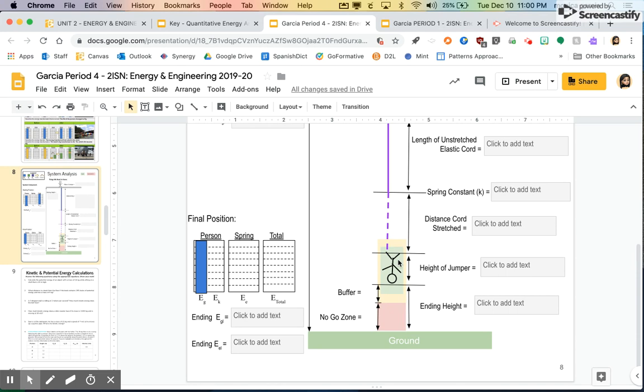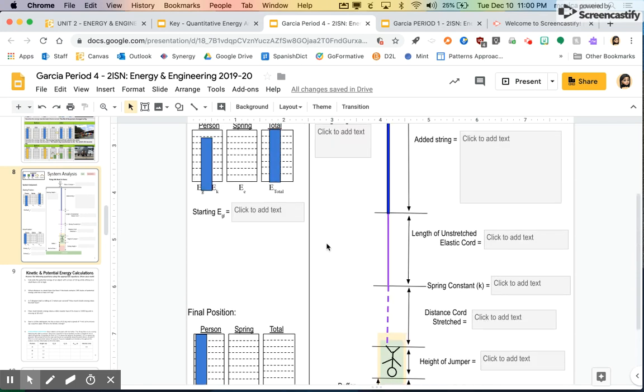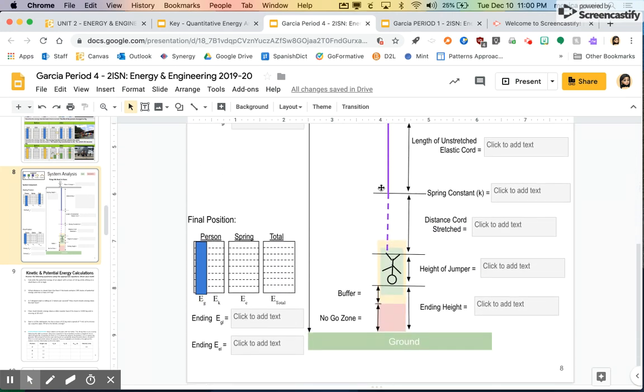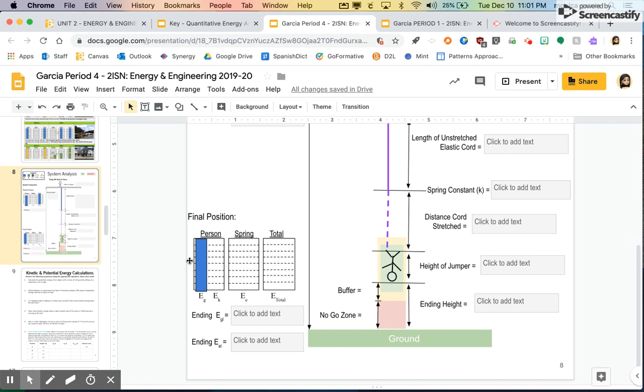But what we do know is that the gravitational energy has decreased because their position above the ground has decreased. So this needs to actually be much smaller. There are just a couple of units, maybe 1 or 2 units of gravitational energy.